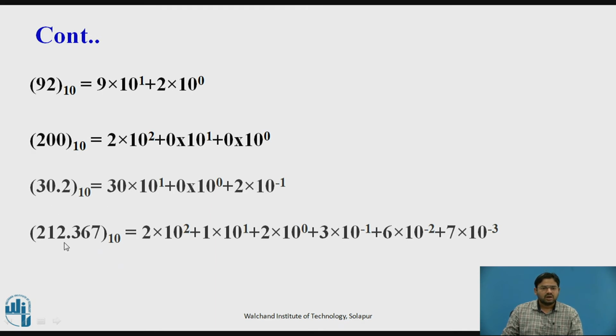So the digits to the left have weights of 10 raised to 0, 1, 2, and the digits to the right have weights of 10 raised to -1, -2, -3. So you can expand a decimal number by using this number system representation.